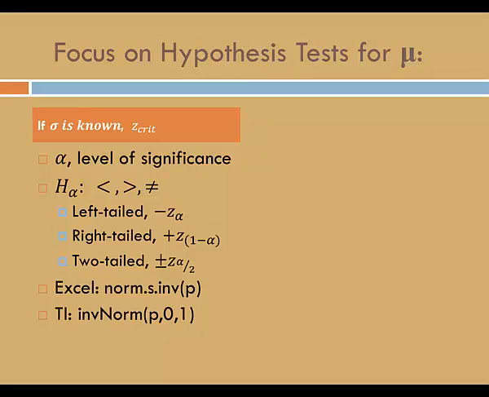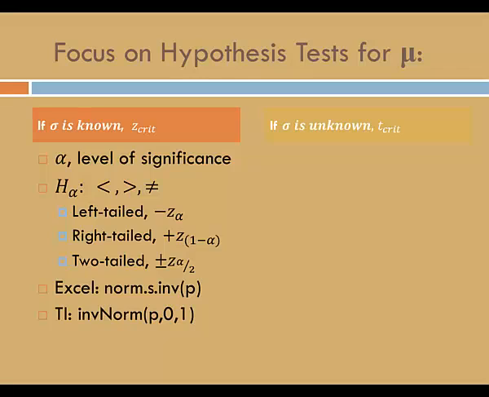There are three parameters: the probability, mu, and sigma. If you're looking for z-scores, let mu equal 0 and sigma equal 1. Again, for probability, you'll use either alpha or alpha over 2, depending on whether it's a one-tailed or two-tailed test.